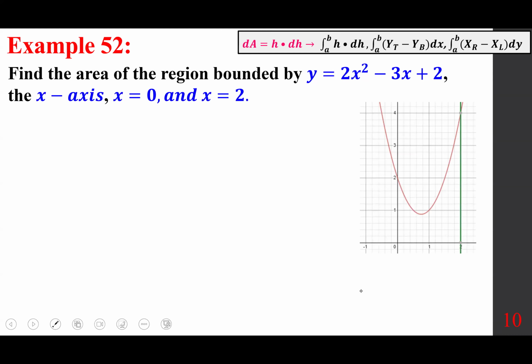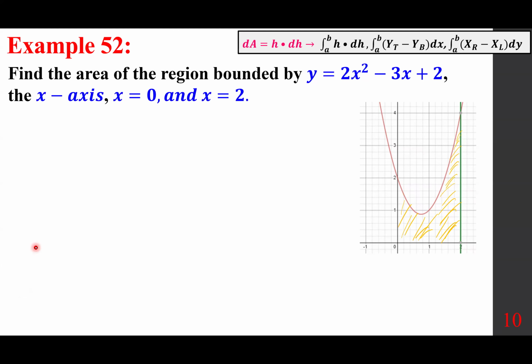You graph it and we want the area which is bounded by this function and the x-axis, and x equals 0, that means the y-axis, and x equals 2. In other words, we want this area. This is the shaded region we are interested in.